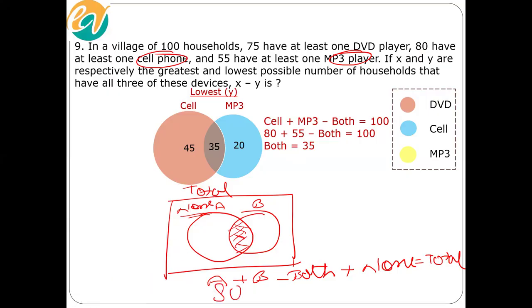How much is capital B? MP3, 55. Minus both plus none is equal to 100.